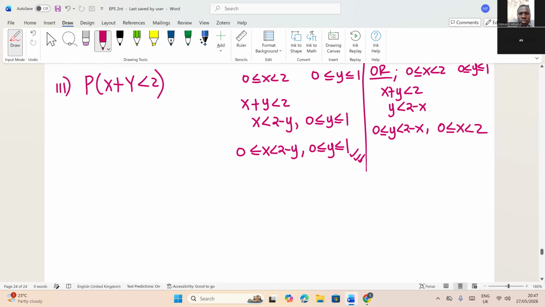So what is that probability? That probability is equal to the integration, starting with the limits that do not have constants.